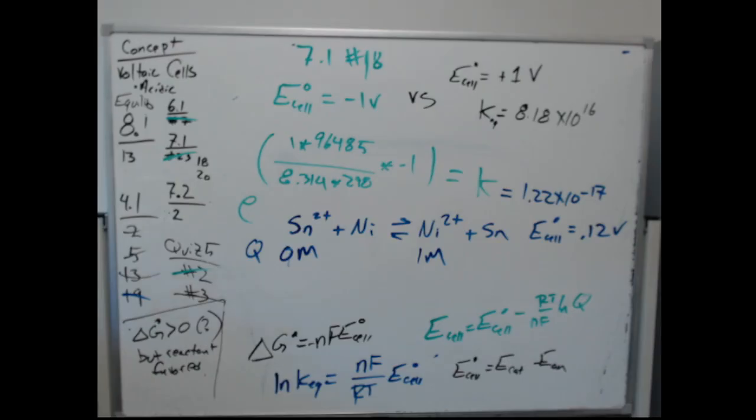So if we want to figure out why those negative voltages happen, we have to look at Q versus KEQ, E cell versus E cell standard. Where are we versus where we're going? Now, if I wanted to set up the equilibrium values of this, like where do these concentrations end up, this thing is going to be close to 0, but it's not going to be 0.